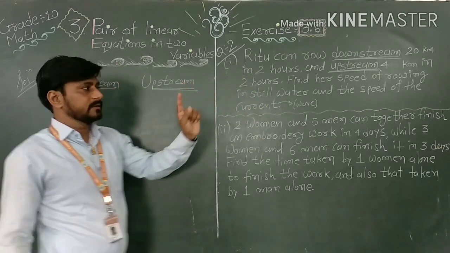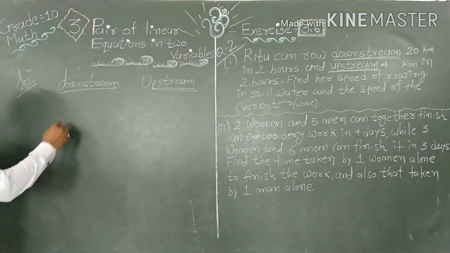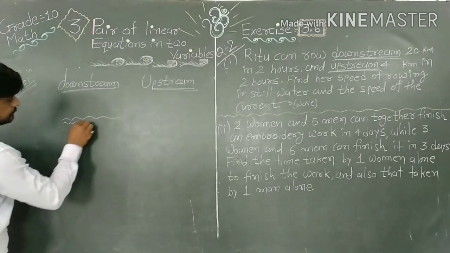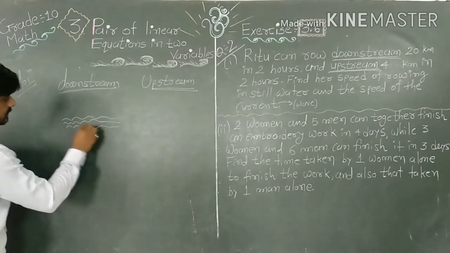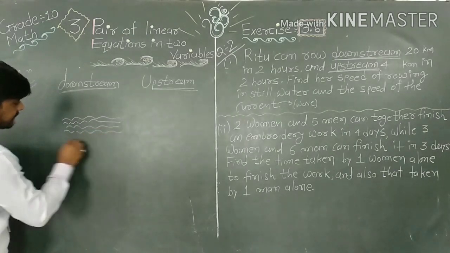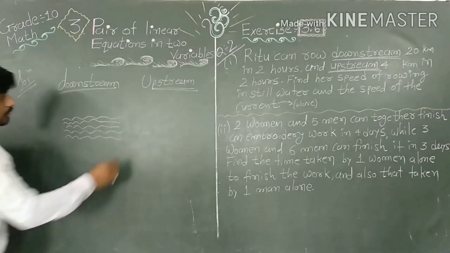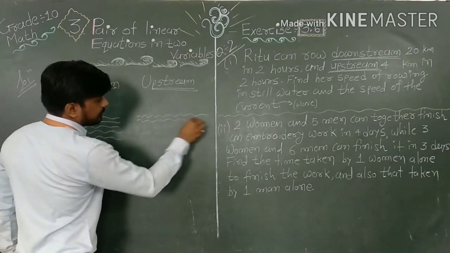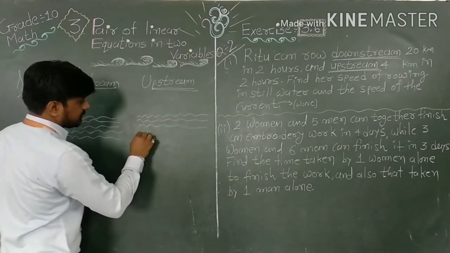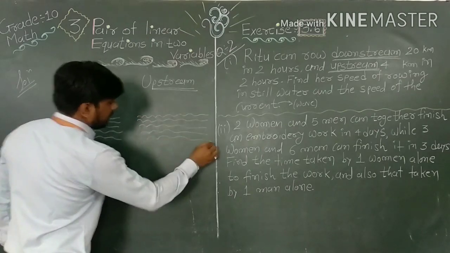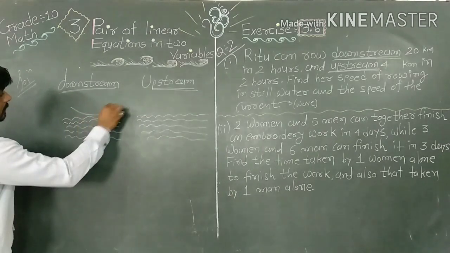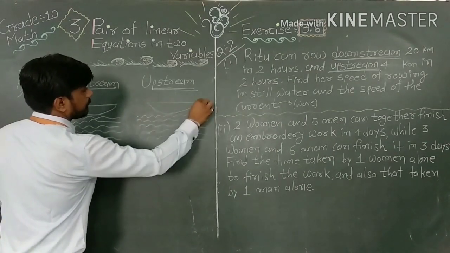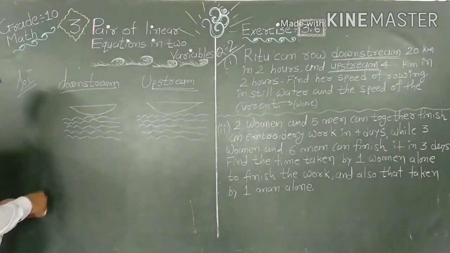Keep this in your mind. Now what is downstream? Suppose there is some water like this. This type of example is given in your textbook, illustration number 19, I think. Suppose this is the water and this one is the boat.